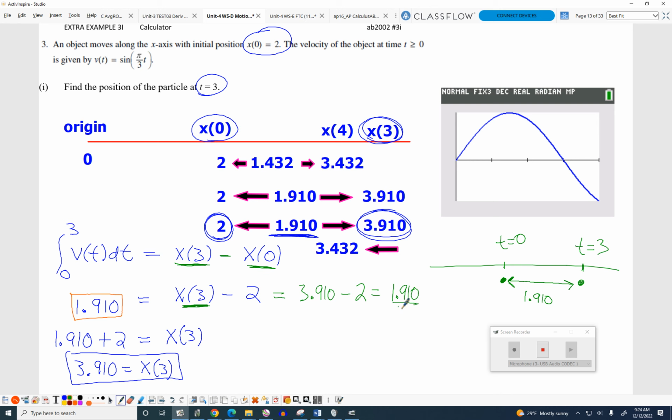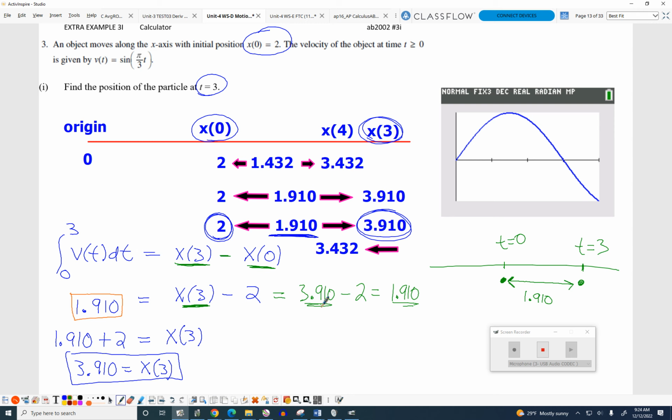But the way we found that number is to work backwards and say, let's see, it started at location 2. It moved to the right 1.9, so now it's got to be at location 3.9. That's this sequence. I'm still not sure I'm helping at all, though. Is that better? Okay, 2 more. Anybody else?